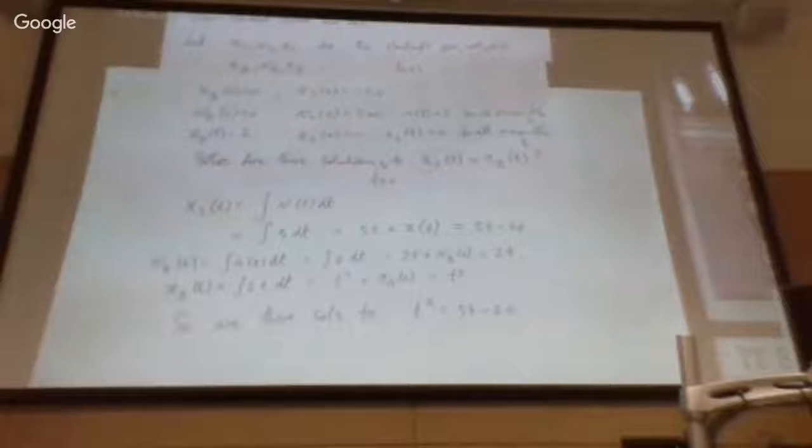So are there solutions to the position of the bus being equal to the position of the student? Well, that's just a quadratic equation: t squared minus 5t plus 20 equals 0.